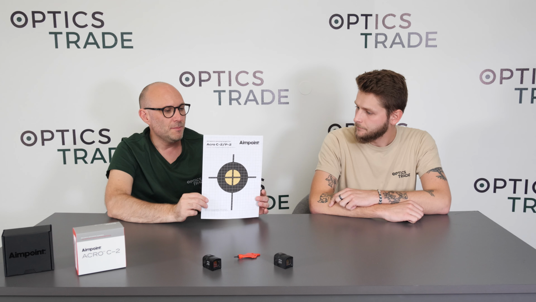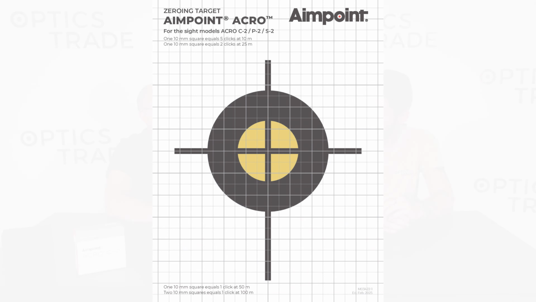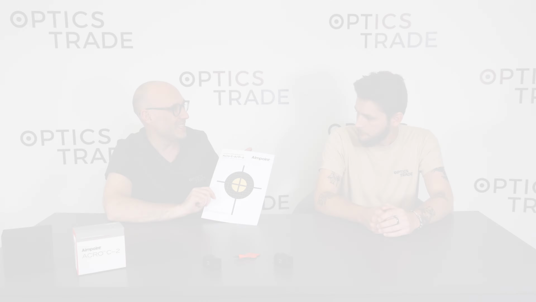It's not a tool, but it's a resource which you are also able to get with all the Aimpoints. So even Acros, which have a really common and easy to understand click value, are still provided with a zeroing target from Aimpoint, which has squares exactly matched with click values. On the Acro, it's really simple because one square is 1 centimeter.